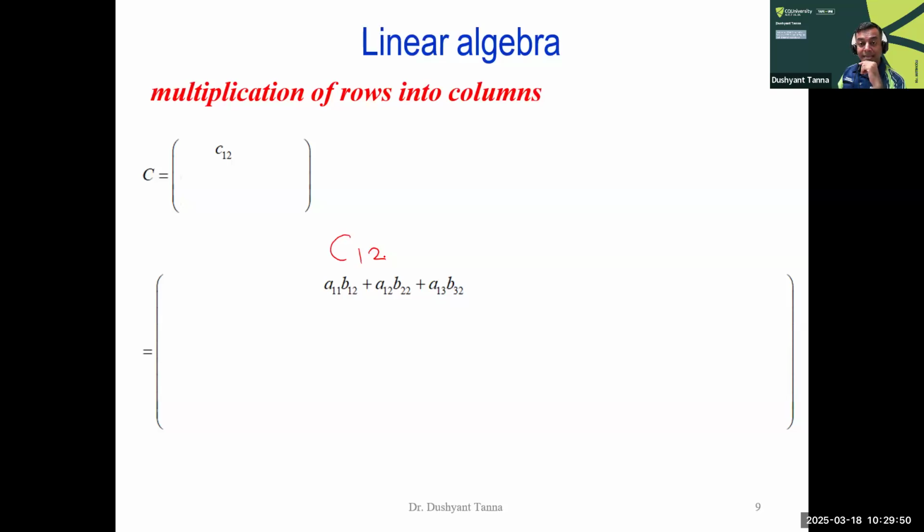When you multiply the elements, what happens? This 1 and 1 is crossed out. So what is left over? 1, 2. This 2 and 2 is crossed out. What is left is 1 and 2. This 3 and 3 is crossed out. What is left is 1, 2.